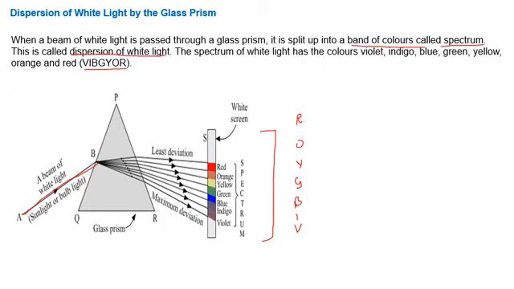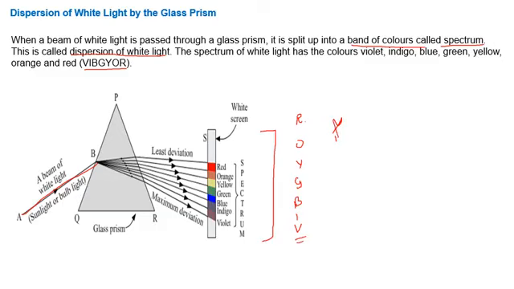They started with V at the top, which is absolutely wrong. R should come at the top and V at the bottom, because V is deflected most during the dispersion of light.